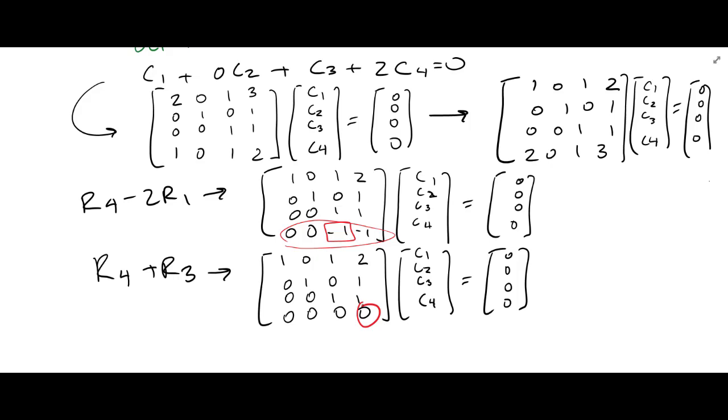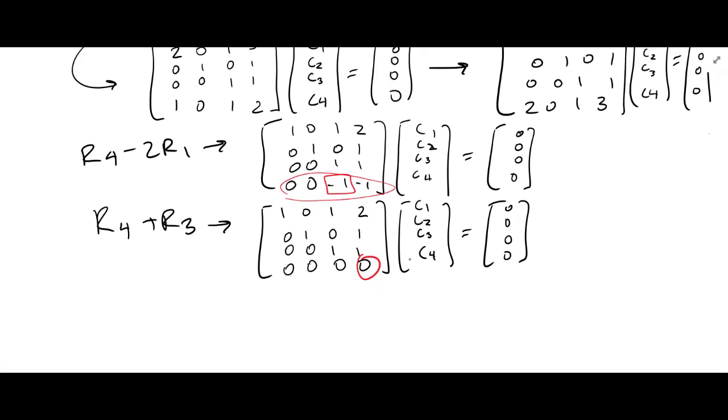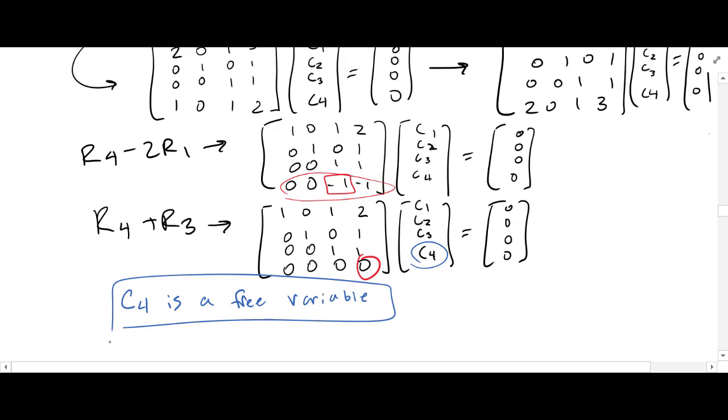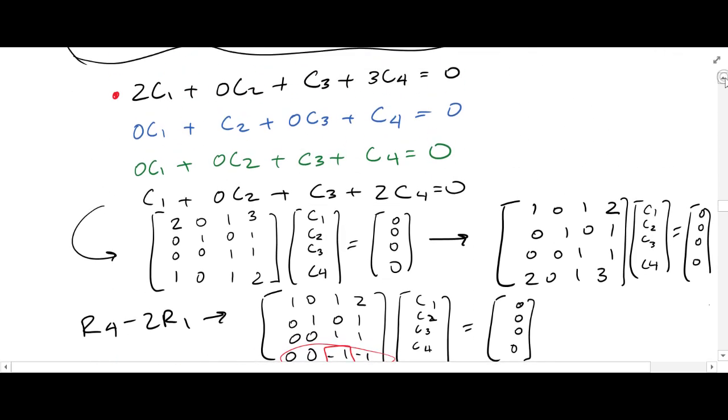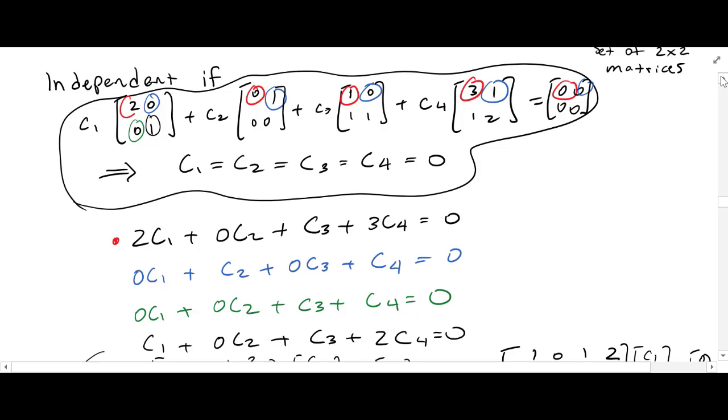And another way to see that is c4 can be anything, and this equation still gives you 0 equals 0. So c4 is a free variable. It can be anything, and the equation will still give you 0 equals 0 at the bottom. So as long as c1, c2, and c3 are chosen properly, then it'll work out. So in this condition here, c4 doesn't have to be 0.